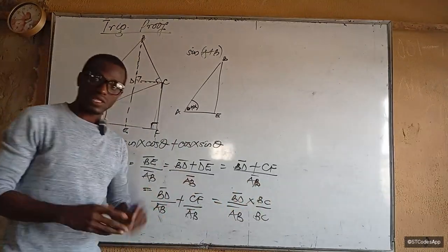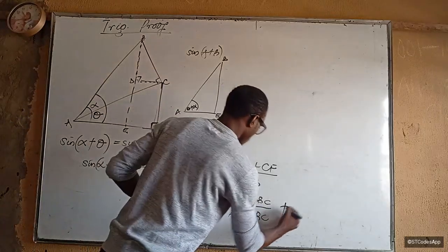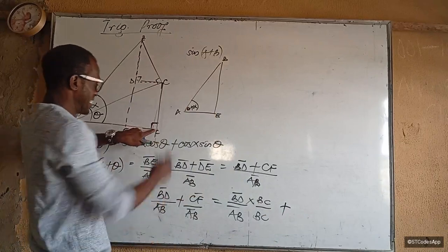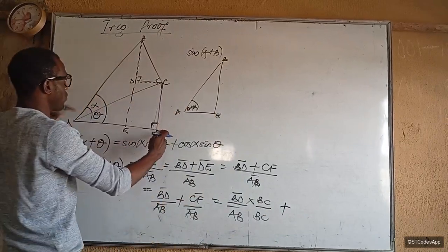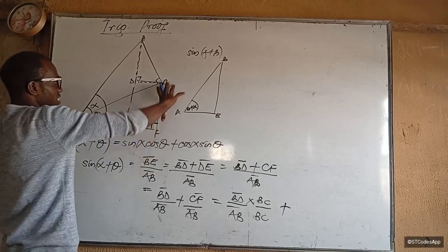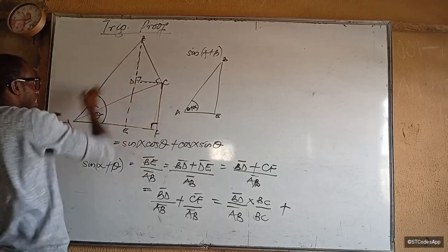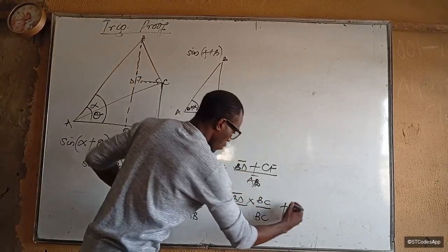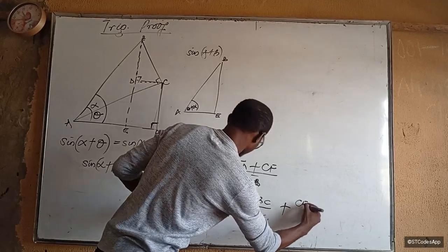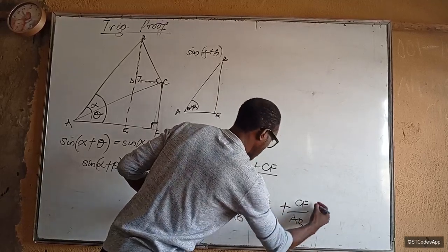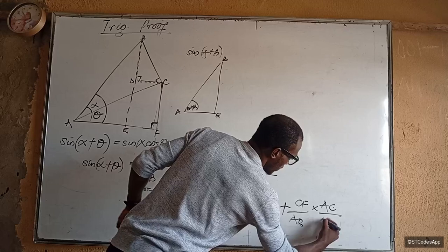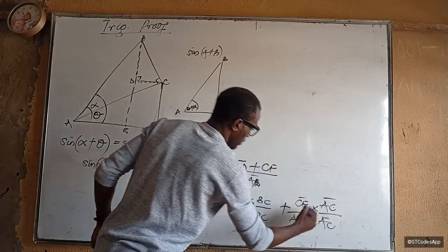It's just a manipulation. Then plus line CF. CF is this side. So this side and AB, where do they have in common? This side is part of this triangle, and this side is part of this triangle. So they have this side in common, which is AC. So we multiply CF over AB by AC over AC. Does that make sense?